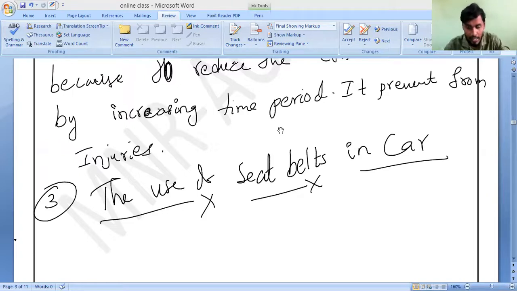People will hit the steering, or the back seaters will fall forward. Because within a fraction of a second the large momentum becomes zero, the rate of change of momentum is very high, so a large amount of force is exerted, which leads to death or huge, worst injuries.